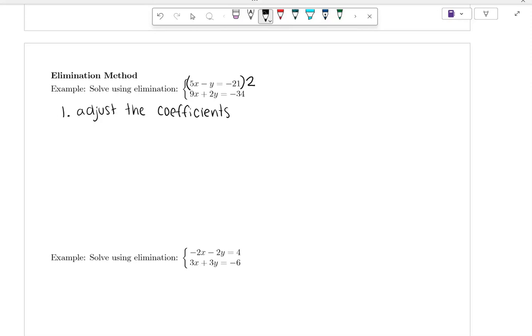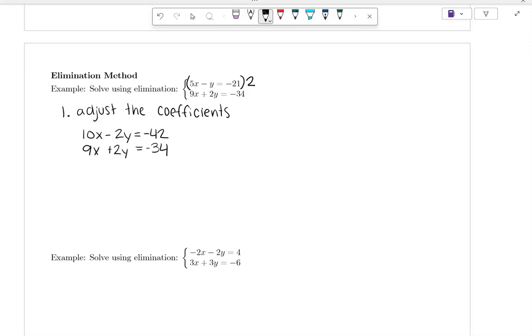Does anybody know why I did that? The reason I multiplied by 2 is because after I multiply this entire equation by 2, I get that, and my other equation I'm just keeping the same.